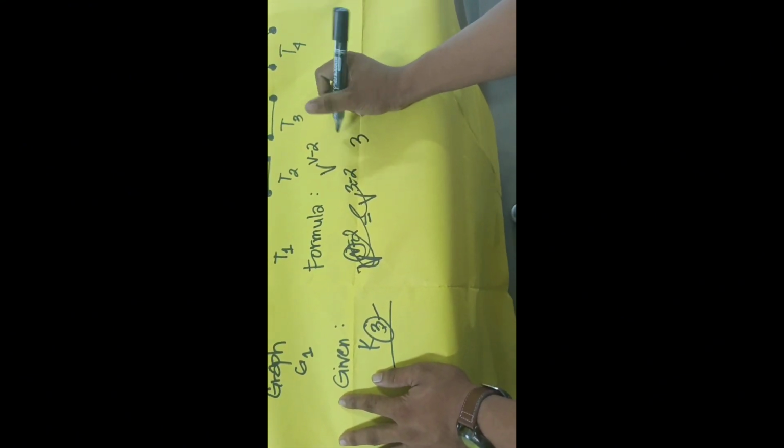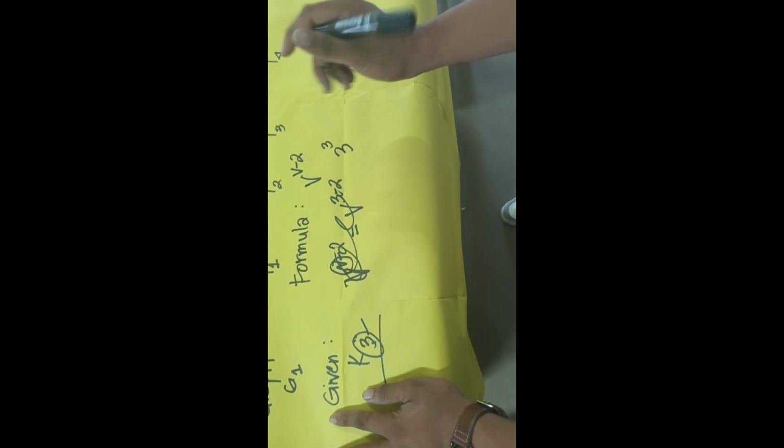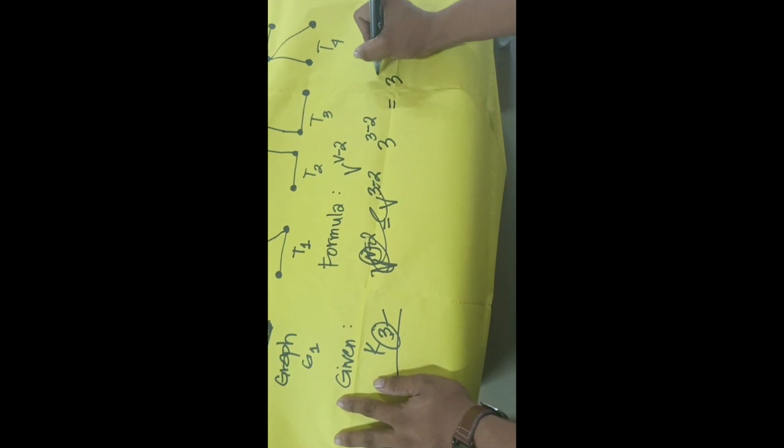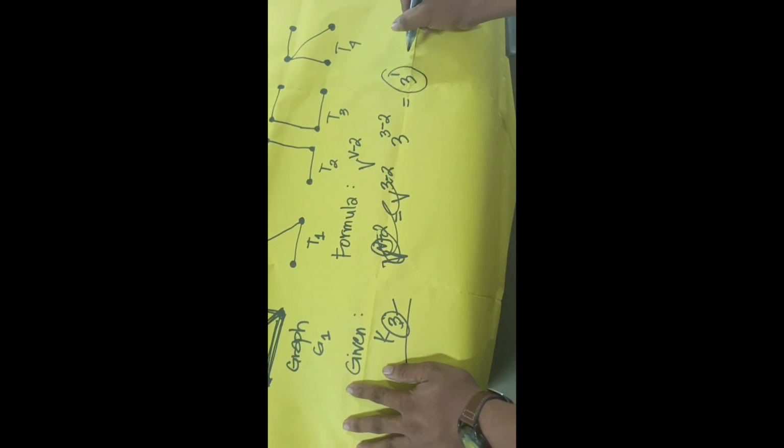So 3 raised to the power of 3 minus 2 equals 3 raised to the power of 1, which is equal to 3. Thus, there are 3 spanning trees for the complete graph K3. Graphically, Figure 10.58 shows the 3 different spanning trees, T1, T2, and T3, of the graph.